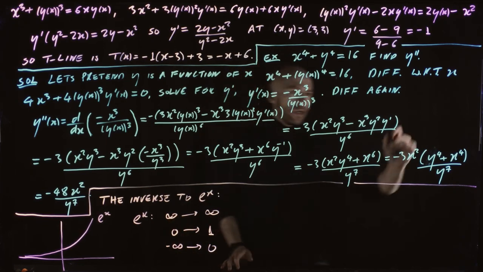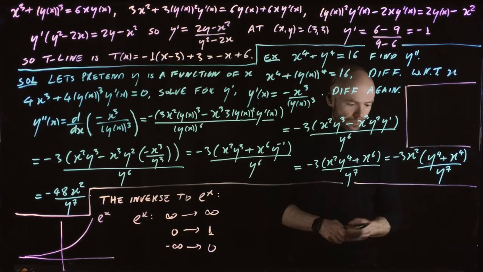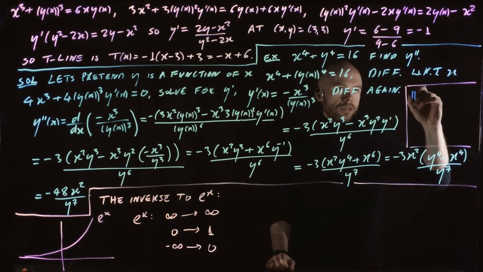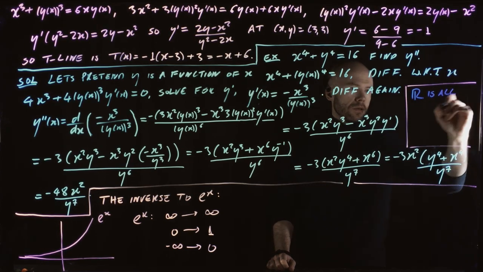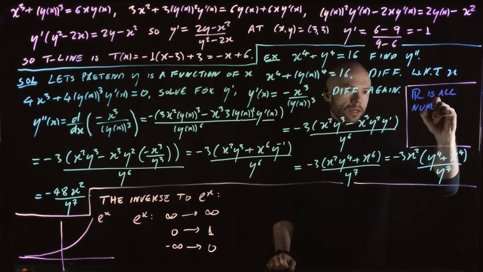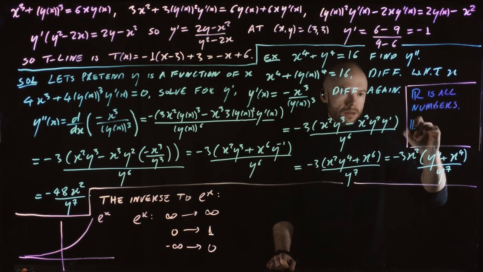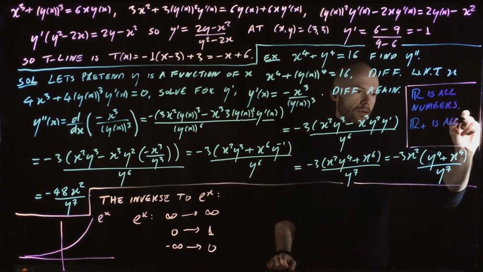So let's put some notation here, which probably many of you have not seen. This thing is all numbers, the entire real line. And this thing is all positive numbers.